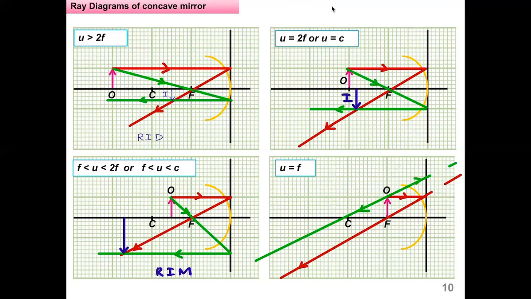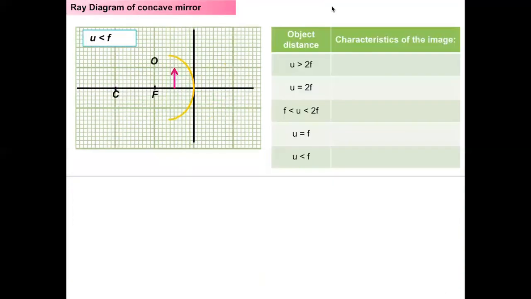So you can write here, it is virtual, upright, and magnified. This one is also the same. From the top of the object and then reflected to F. So you have to extend the line so that it will be formed behind the mirror.